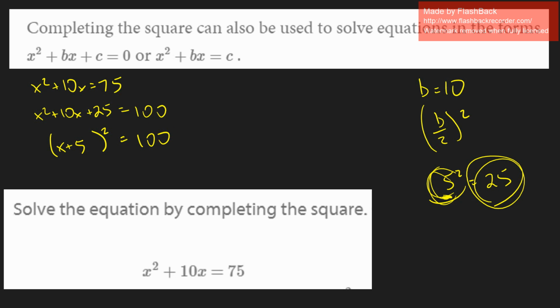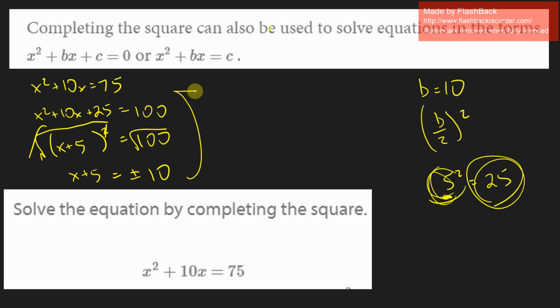And again, double check, because when you FOIL it out, what number times itself equals 25, but added to itself equals 10, and that of course is 5. Then you take the square root of both sides. So I'm going to square root that side, I'm going to square root that side. Square root and square cancel, leaving me with x plus 5 equals the square root of 100. What times itself equals 100, and that's plus or minus 10.